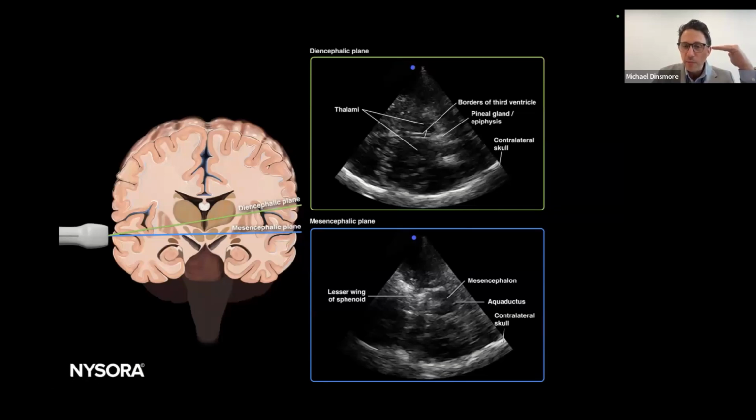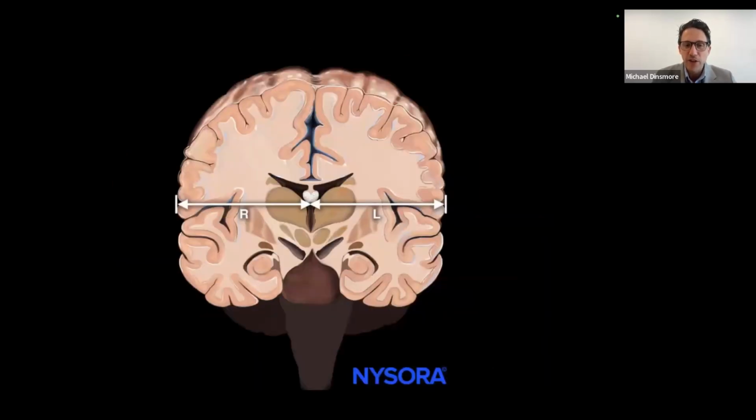You want to make sure you see the midbrain and the sphenoid, and then you angulate the probe about 10 degrees up, and you'll start to see the hypoechoic thalamus and the equal sign, which correlates to the borders of the third ventricle. If you keep angulating, you can see how the ventricle gets bigger or smaller. You want to do it at the size that the ventricle is largest. Then you're basically just going to measure to that ventricle.